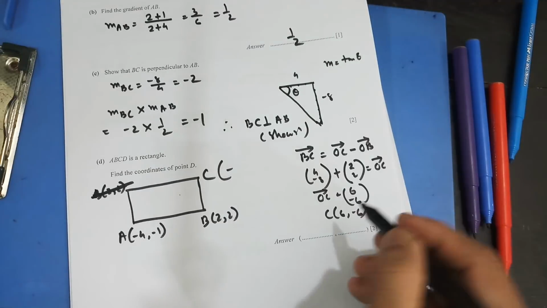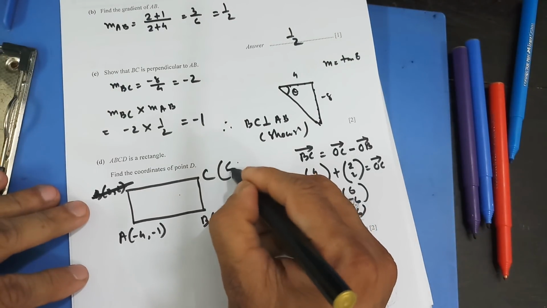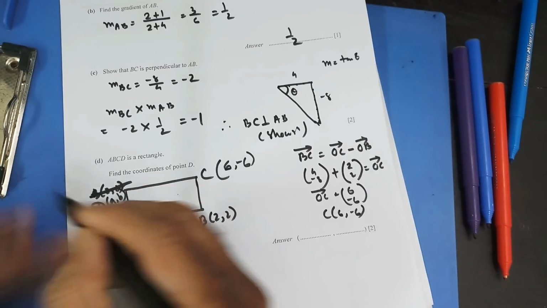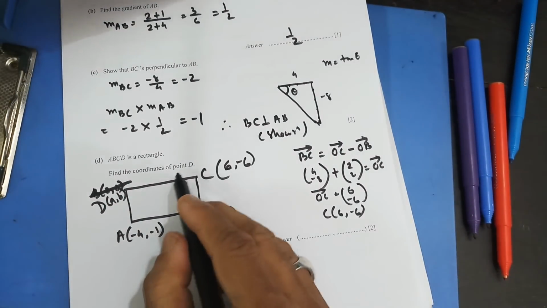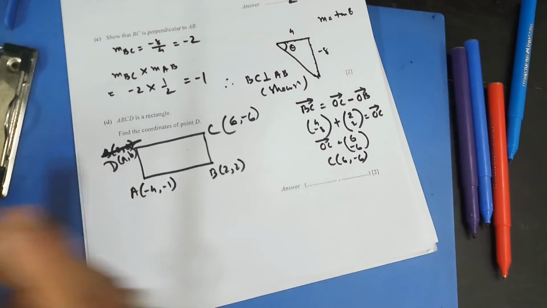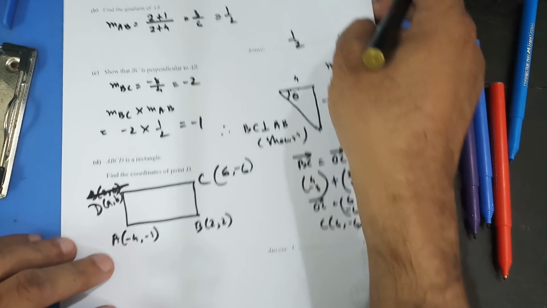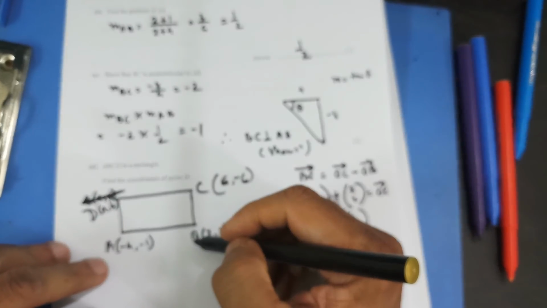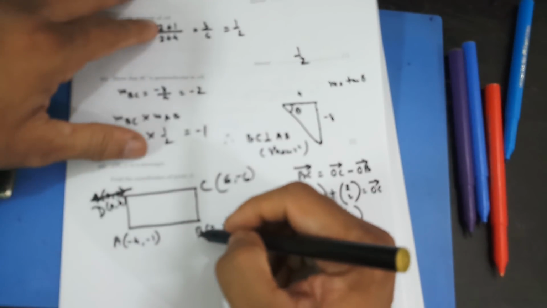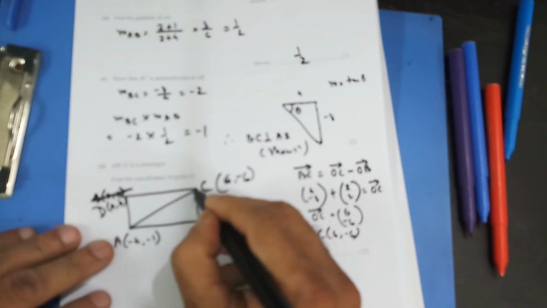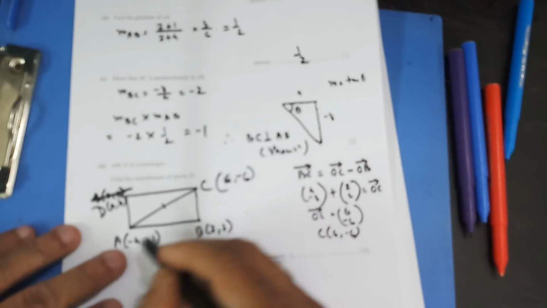So let's put 6, -6 for C. So D over here, let's put A and B. We don't know that. Okay, we need to find out the coordinates of D. Now the midpoint of AC, I need midpoint of AC. The midpoint of AC is gonna be (6 - 4) by 2.